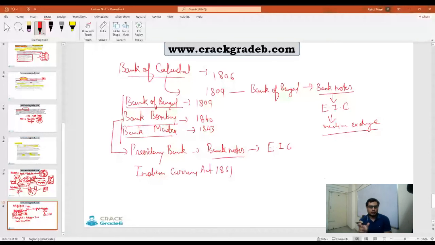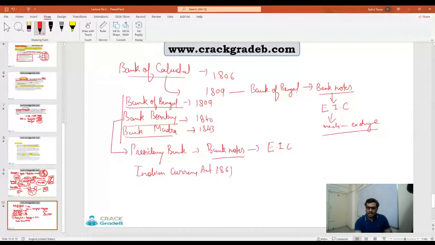So any note issued by the government of India is a currency note. If any note is issued by the government itself, that is a currency note. And if any note is issued by a bank but accepted by the government of India as currency, then it becomes currency.